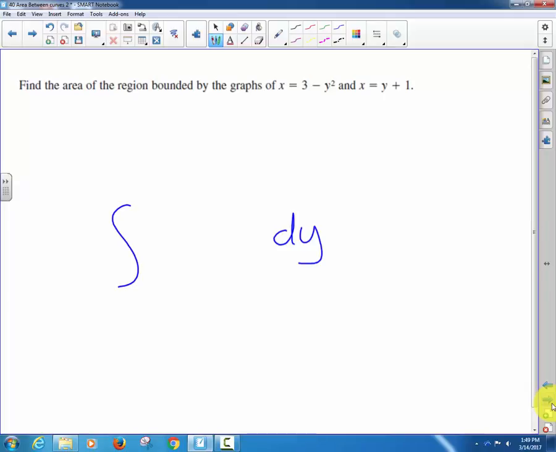Okay? How are we going to find our limits of integration? Set the two equal to each other. 3 minus y squared equals 1 plus y. Bring it over here, we get y squared plus y plus 1 minus 3 is minus 2 equals 0.